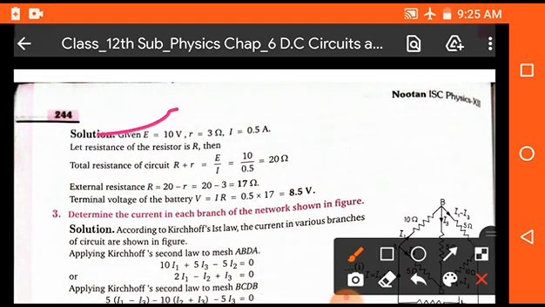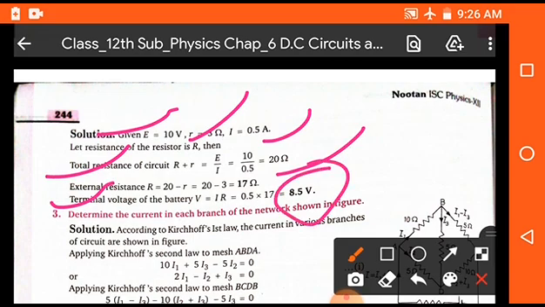E is equal to 10, small r is equal to 3 ohm and I is equal to 0.5. On putting in the values, the total resistance, capital R plus small r, is equal to E upon I. So we get 20 ohm. By putting in the values, we can easily find the value of capital R, the external resistance, and V, the potential difference. So it will be 8.5 volt.